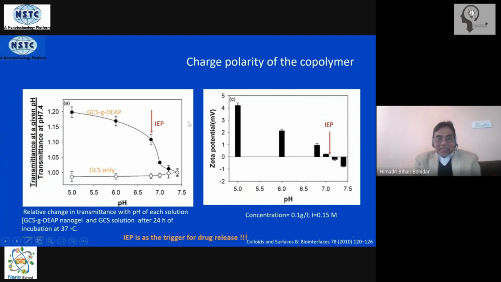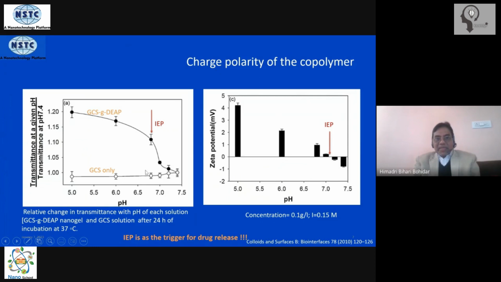Now you see the same thing is reflected here where we are just looking at the solution turbidity, basically how cloudy it becomes. Turbidity is a measurement of cloudiness, milkiness of the solution, or how transparent it is. They are all complementary to each other. If you have only glycol chitosan solution, there is no change. It is the same at all pH. But for the polymer precursor solution, you have this beautiful behavior of responding to the pH.